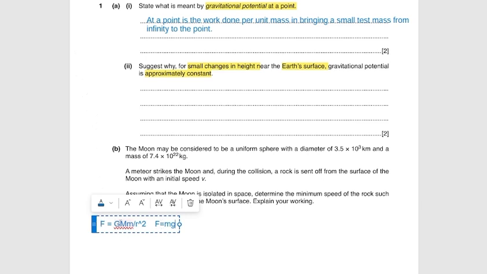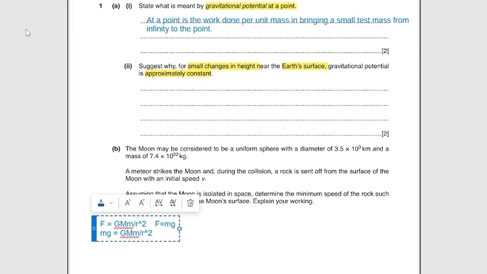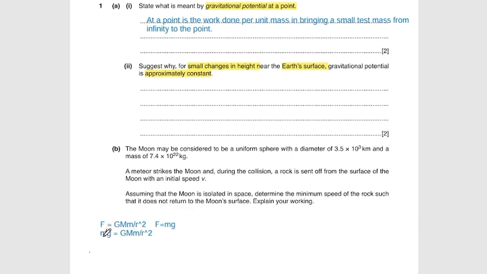Now if I replace this F with this, I get mg equals GMm over r squared. Now I can cancel m here, and I'm left with g equals GM over r squared. Now you do know that this G and M remain constant, so we're only left with g and r squared. So if I were to make a relationship, I can say that g is proportional to 1 over r squared.